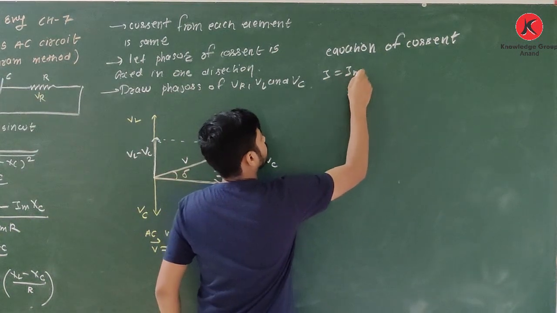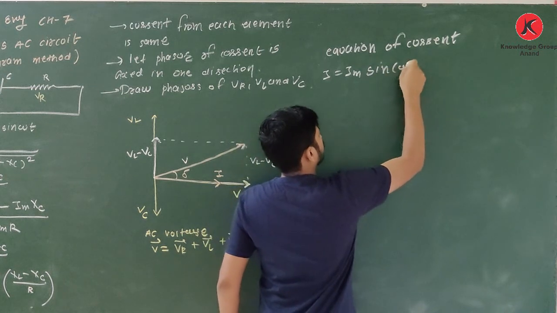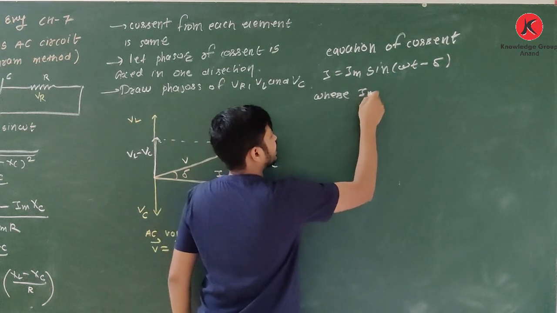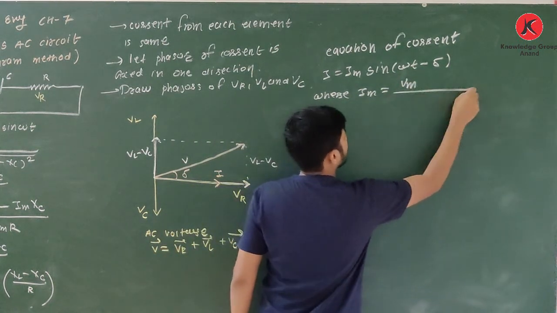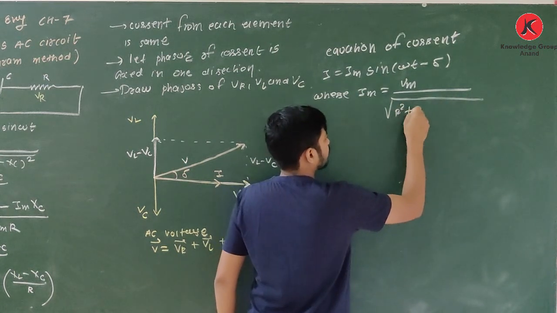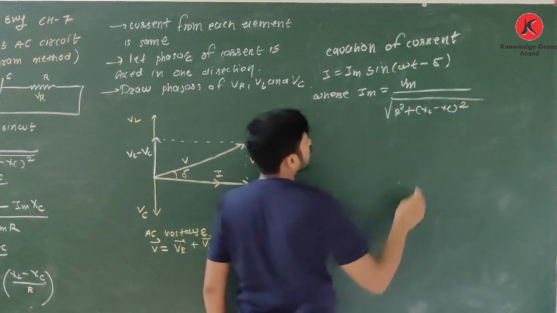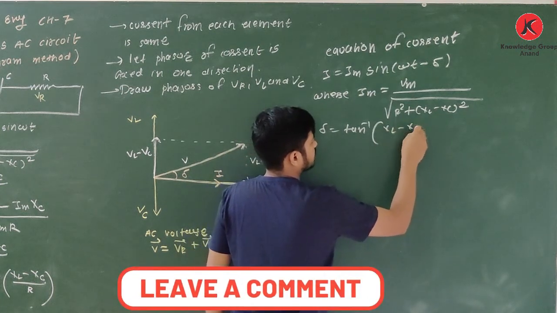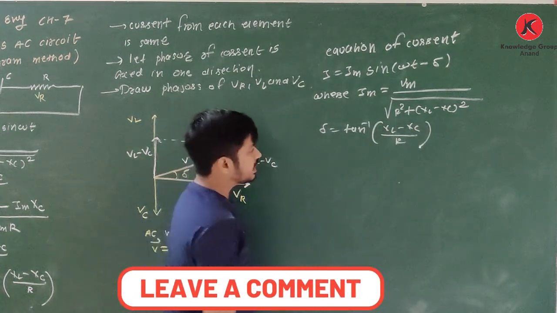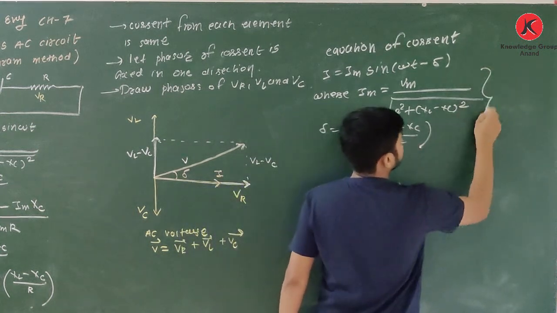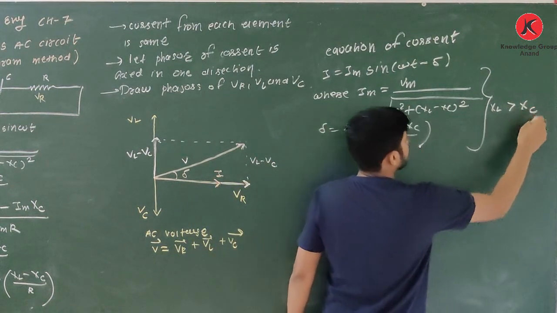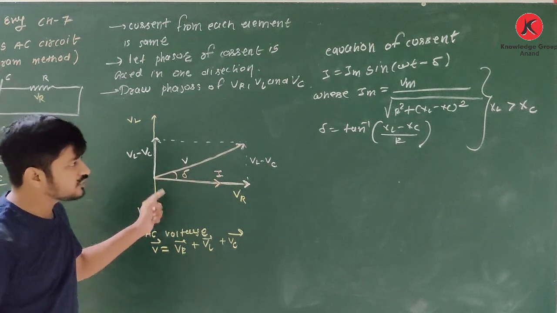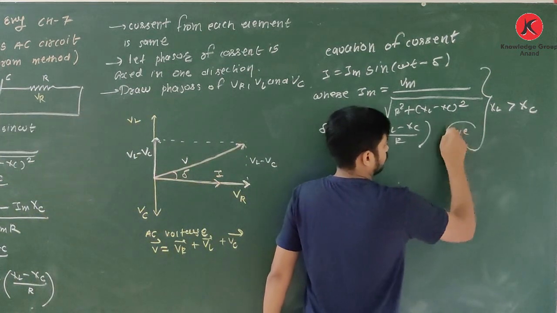I is equal to Im sin omega t minus del, where Im is equal to Vm upon under root R square plus XL minus XC whole square, and del is equal to tan inverse XL minus XC upon R. This is for XL greater than XC, and this del, the phase difference, is positive. Clear about this?